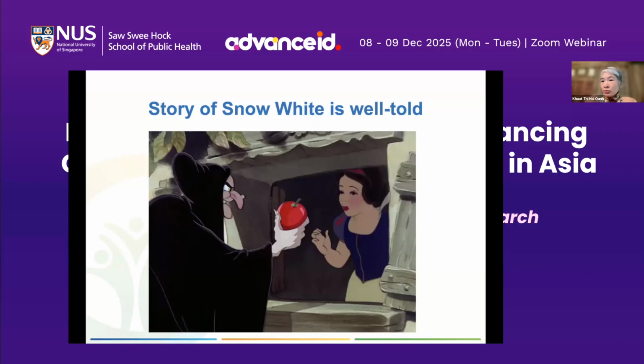In many situations, we researchers are like strangers coming from a different planet, giving the people this apple and saying eat it. You can imagine the feeling.